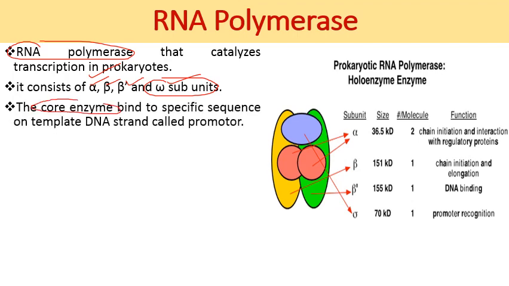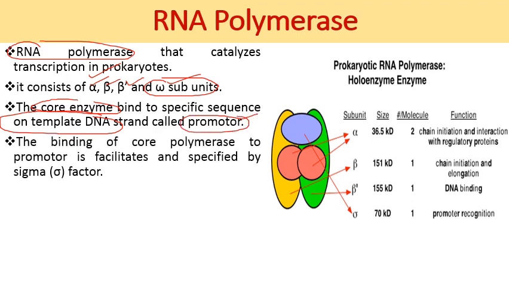The core enzyme binds to a specific sequence on the template DNA strand, and that particular portion on DNA is known as the promoter region. The binding of core polymerase to the promoter is facilitated by a specific factor known as sigma factor. So this core combines with the sigma factor to form the enzyme known as the holoenzyme. So the prokaryotic RNA polymerase holoenzyme consists of alpha subunit, beta, beta dash, and sigma factor. In addition to this, it also contains the omega subunit.